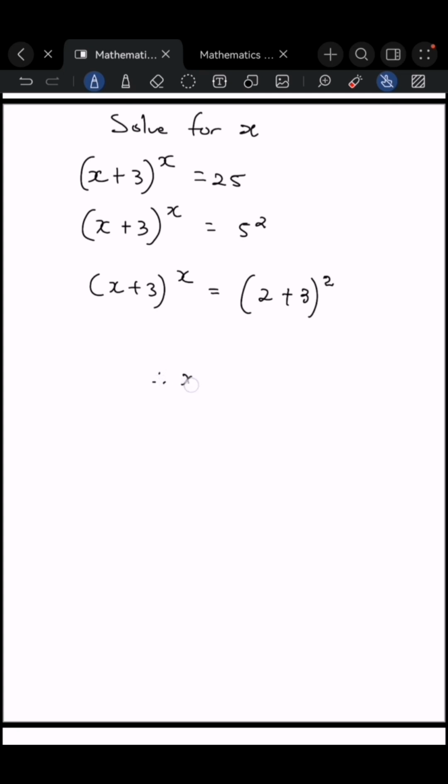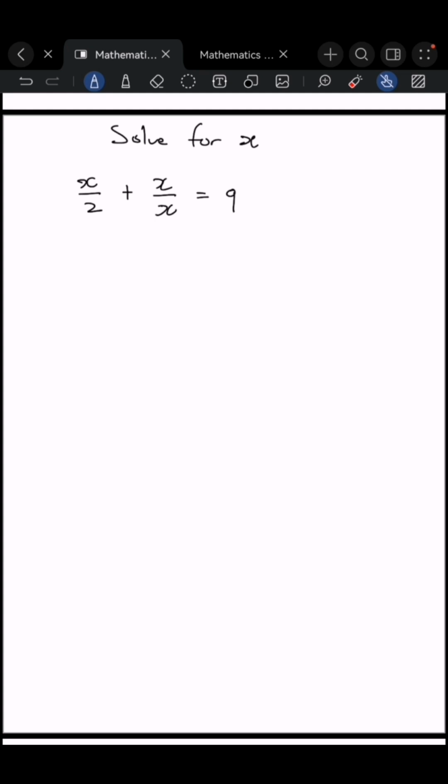Therefore x is equal to 2. We solve x by observing that 5 is equal to 2 plus 3. We need the exponent and the variable inside to be the same, which is what we achieve here, which makes x equal to 2.